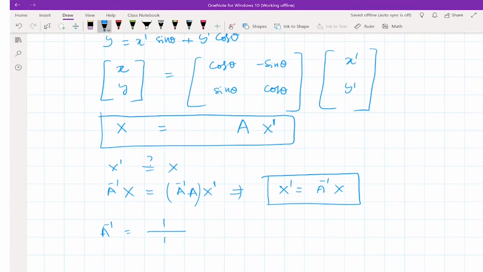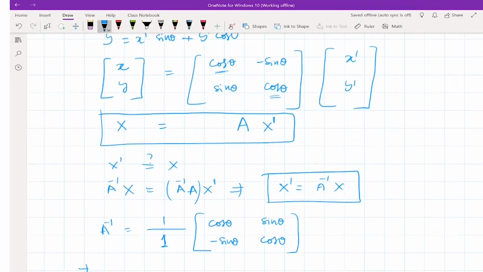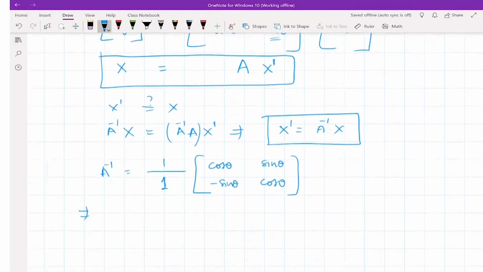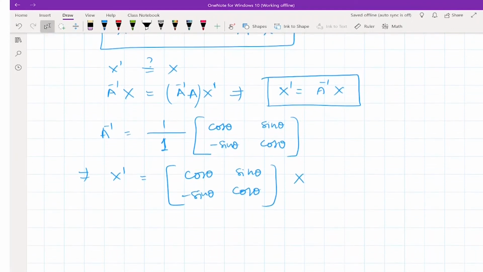cos square theta plus sin square theta, which is 1. Then interchange the values of the diagonal entries; those would remain the same, so cos theta, and then change the signs of the off-diagonal entries, so that would bring sin theta and minus sin theta. That's your A inverse. In other words, X prime is equal to the matrix cos theta, sin theta, minus sin theta, cos theta, times X. That's the relation.